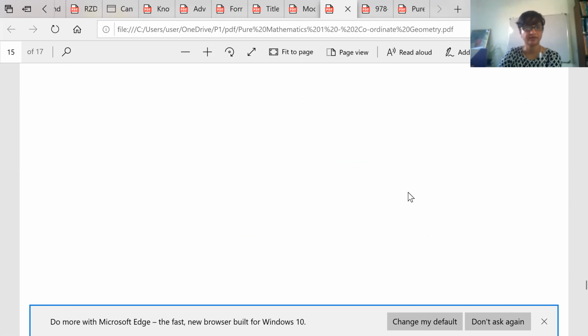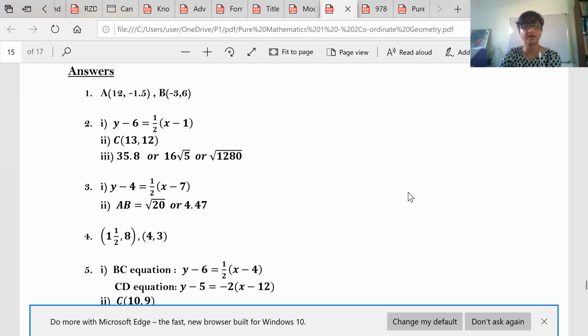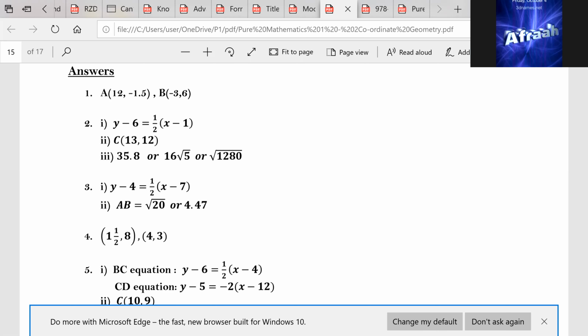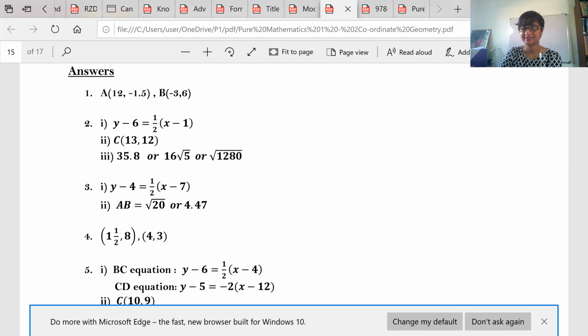Right, 1.5, 8. So there are 2 intersection points, 1.5, 8 and 4, 3. Did you all get that? Yes, miss. Okay. Now, if anyone did not, you have to tell me. Very good, Akitmi and Aisha, Afra.